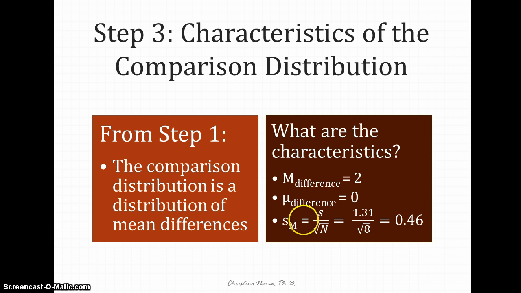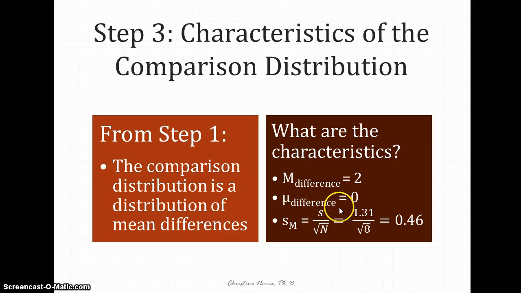So this mu subdifference is 0, and the mean of those differences is 2. So now we have all of our characteristics here. And generally speaking, this mu, the difference at the population level, is going to be 0 almost always for the paired samples t-test.